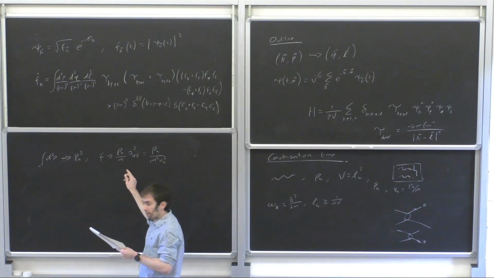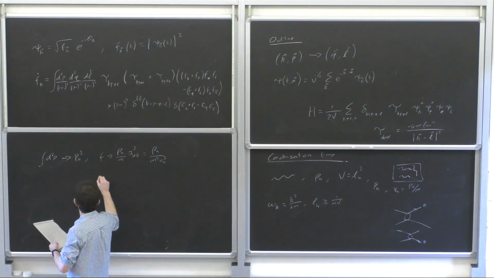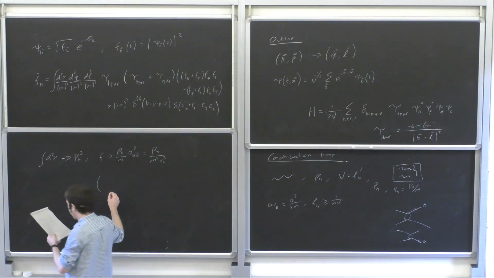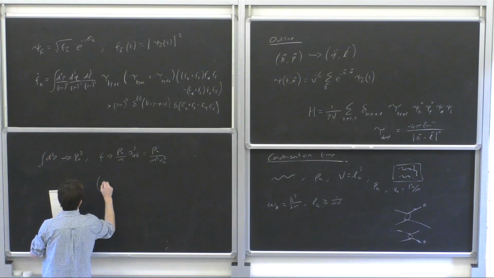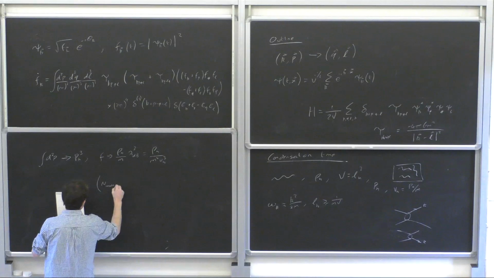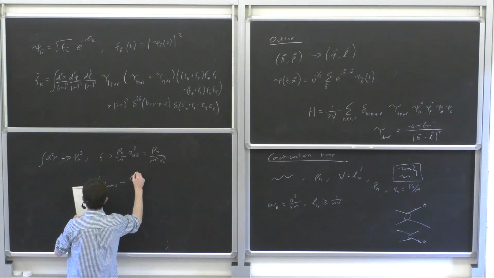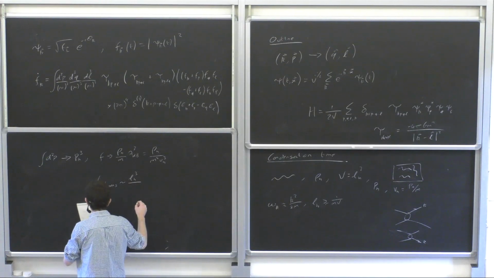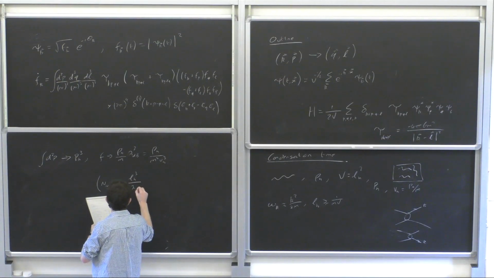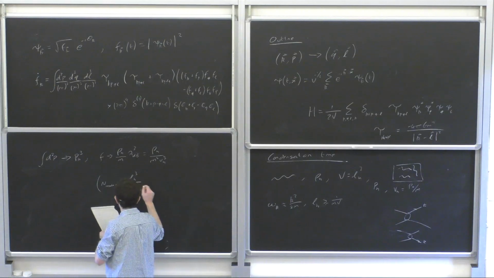If this isn't familiar, the justification is that the number of modes in the halo, just because it's a finite box, is schematically L_halo cubed over lambda de Broglie cubed.